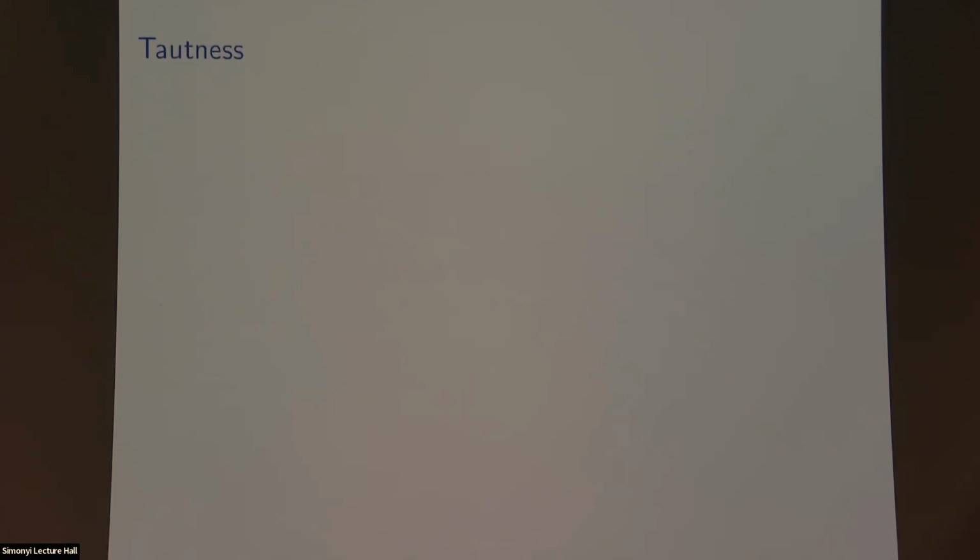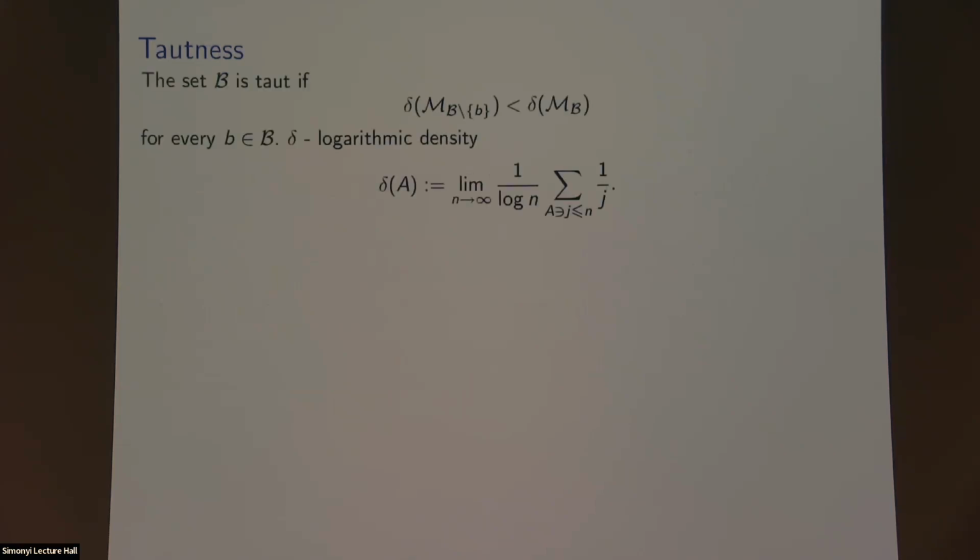Another important property of sets B, important in this context, is tautness. The set B is said to be taut if every element of B is relevant with respect to the logarithmic density of the set of multiples.